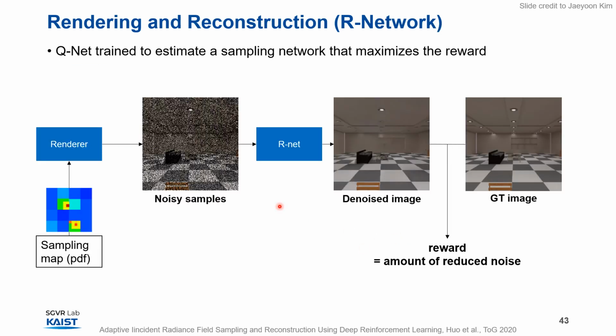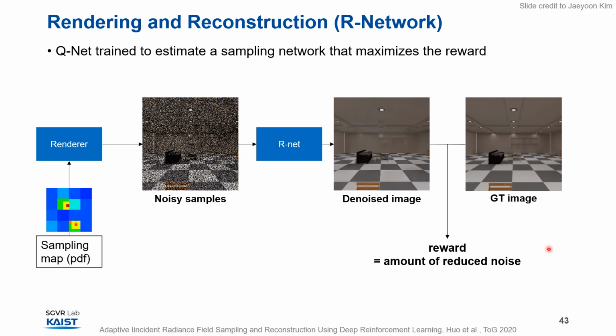And then the RNet here is trained to evaluate the image. This RNet is simply a denoising network that denoises an image sampled using the sampling map. Then the loss of the denoised image will be used as a reward.